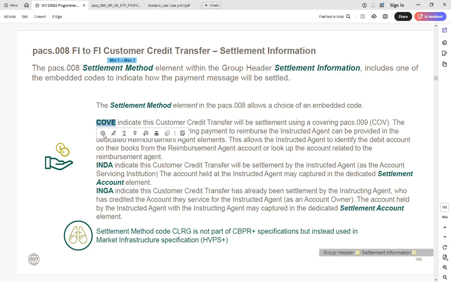I am not able to find it now. Whenever a cover payment is there, it's here. Why is it not having cover here? This is not a cover payment.